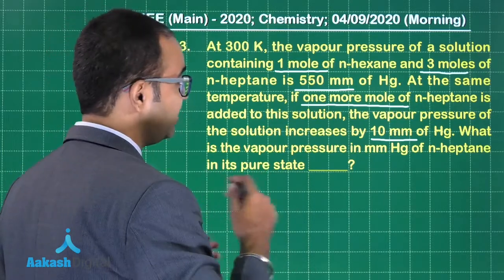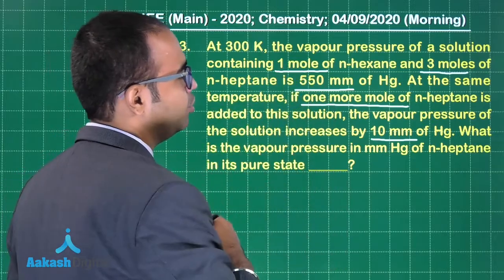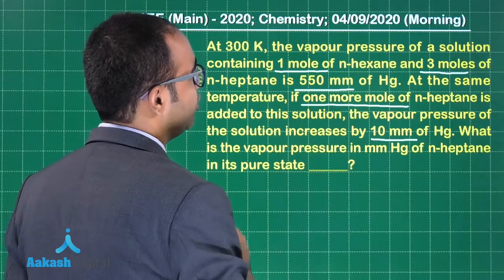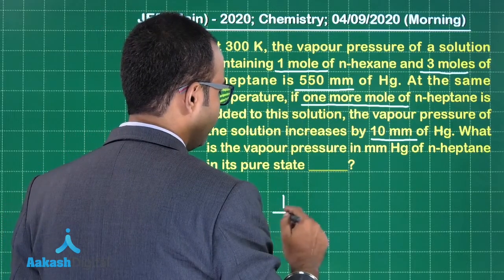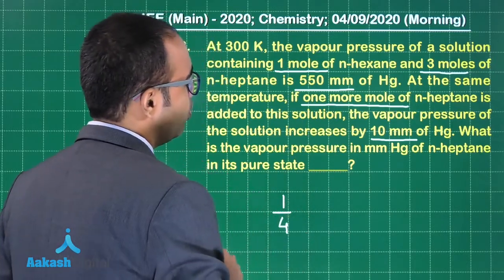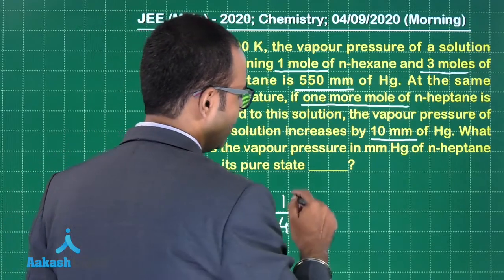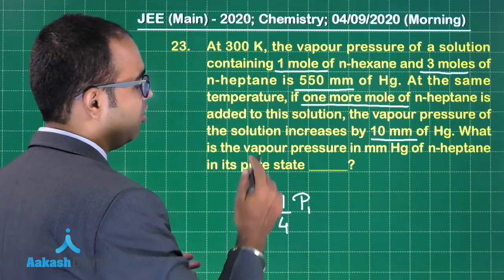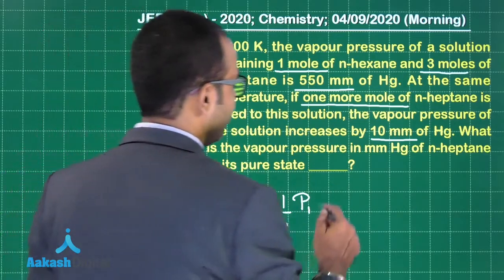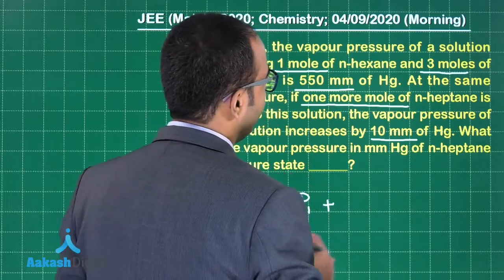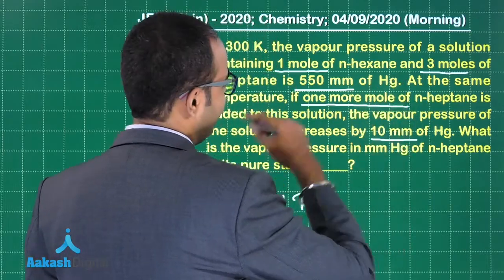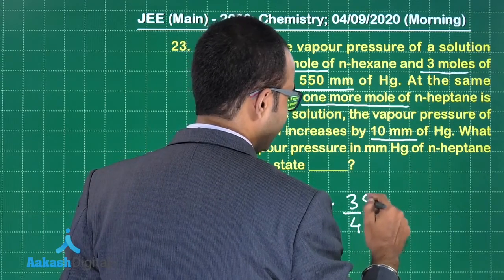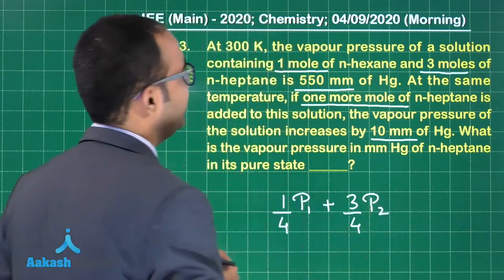First thing, the number of moles of N-hexane is 1 mole and that of N-heptane is 3 moles. So the mole fraction of N-hexane would be 1 by 4, into the vapor pressure. Let's say P1 is the vapor pressure of N-hexane, plus the mole fraction of N-heptane, which would be 3 by 4, and the vapor pressure of N-heptane will be P2.